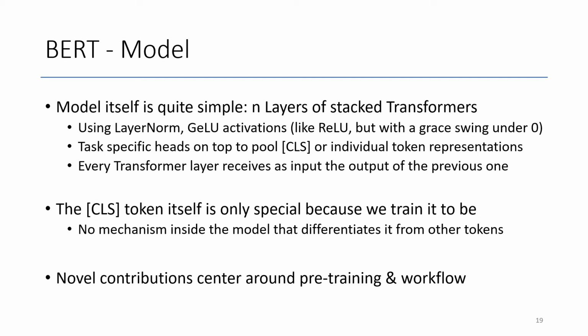The actual model is quite simple, so I don't think we need a formal definition for it. It's basically n layers of stacked transformers with some special things like layer normalization, GELU activations, which are like ReLU activations, but with, as I would say, a grace swing under 0 that allows for a meaningful gradient if you have values that are negative, but you don't really want to activate based on those values.